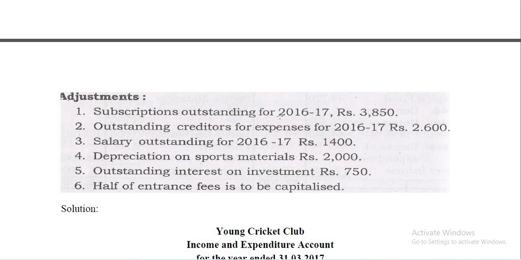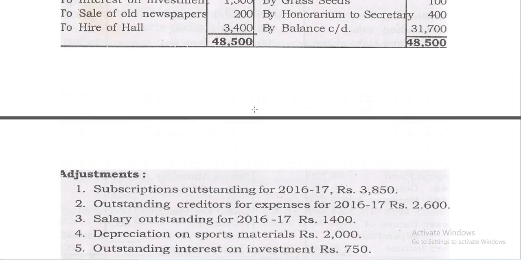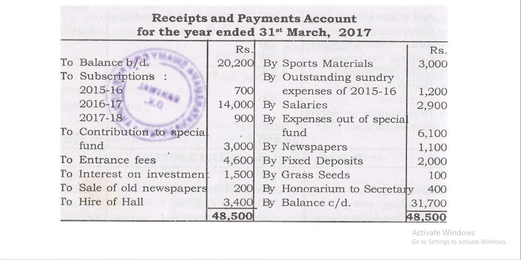First item is subscription outstanding for 2016-17. It is 3,850. This is nothing but subscriptions outstanding for the current year 16-17. In the previous problem subscriptions were given together, but here they have separated what is received for the previous year, current year and the next year.